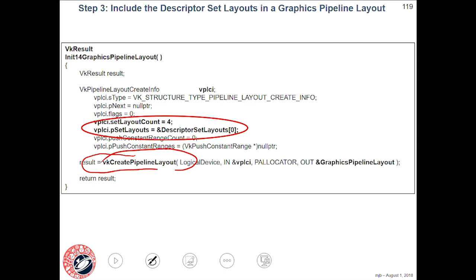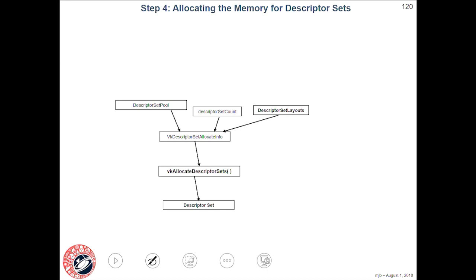There are only two things in this category: one is the descriptor sets, and one is this magic thing called push constants, which we'll come to later. But this is what it needs. And so it's going to pass those into another structure, and then the pipeline is going to use that other structure to create itself.